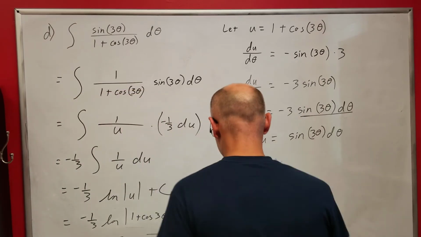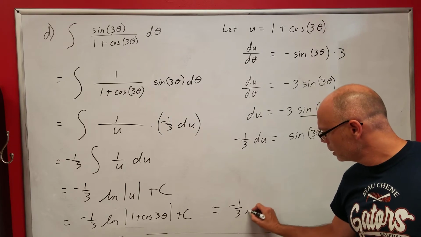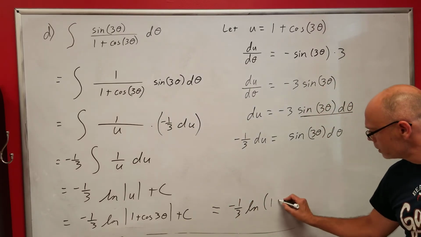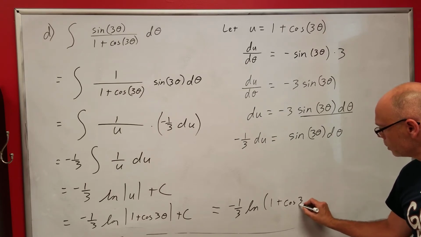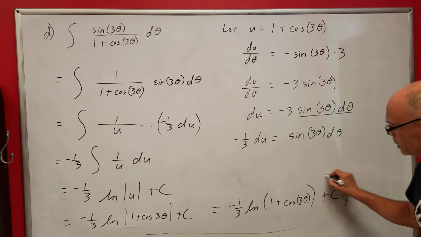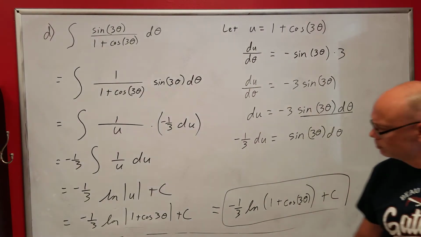However, I'm going to do this. I'm going to say, well, that's the same thing as negative 1/3 times the natural log of parentheses 1 plus cosine of 3 theta, close parenthesis, plus c instead. Now, why can I just drop these absolute value signs and call them parentheses now? Well, think about this for a second.